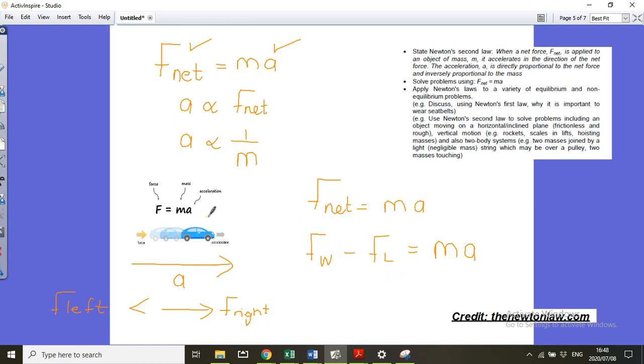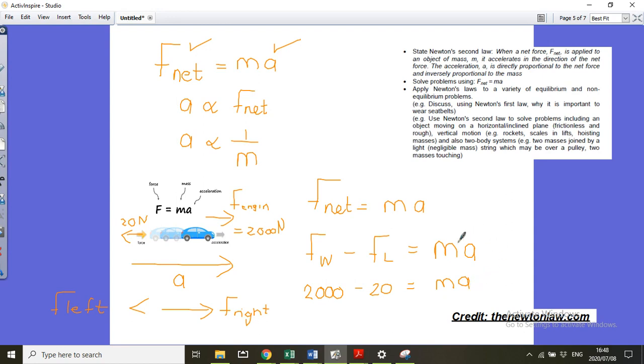So if I had a force of the engine pushing forward here, remember, we want to know what is applying the force. So the force of the engine is 2000 newtons, and we've got a frictional force going this way, which is 20 newtons. I like twos today. Then I know that the winning force is 2000 newtons minus 20 equals ma.